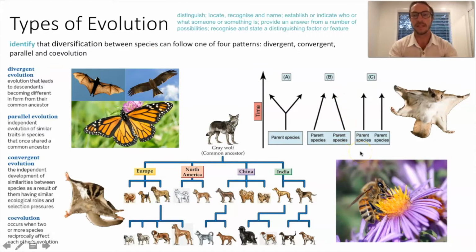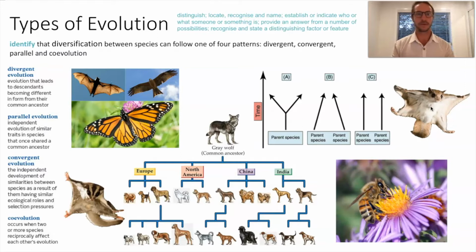Whereas C is parallel evolution, and that occurs when maybe they once started off from one common species, but for whatever reason, they're separated and they develop these similar phenotypes and genotypes based on maybe being in similar environments. So they're said to be parallel. And that is types of evolution.